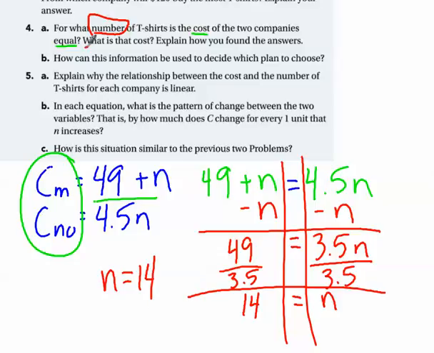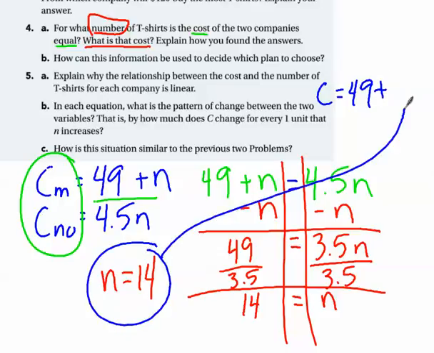Now, when it asks what is the cost associated there, I can use either equation, and I'm going to substitute n into the equation. Actually, I'm going to choose the top one. It's easier. So I'm going to take n and put it in here. The cost is equal to 49 plus that n value.